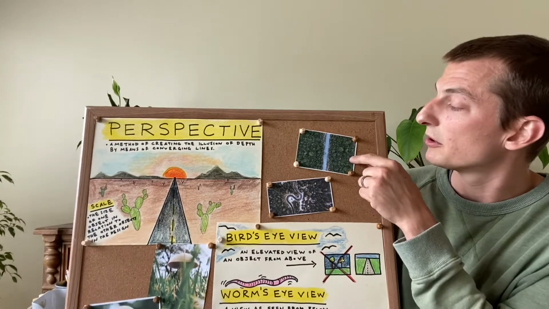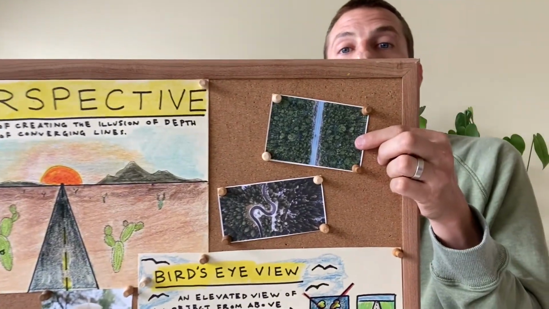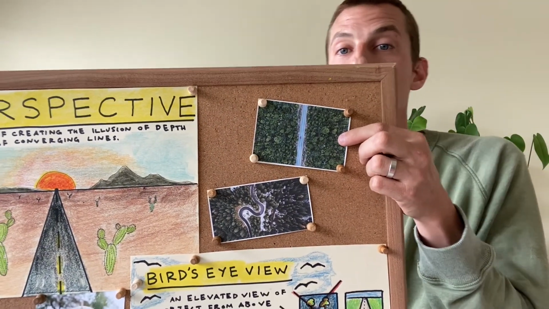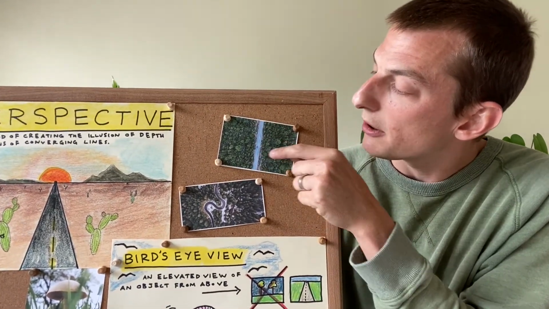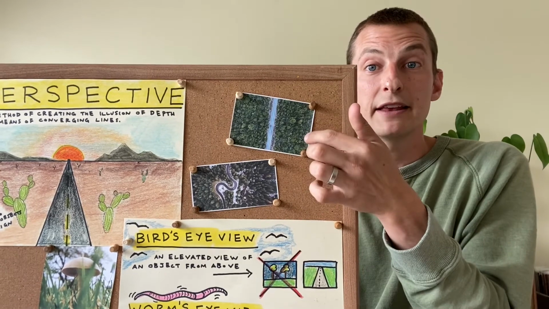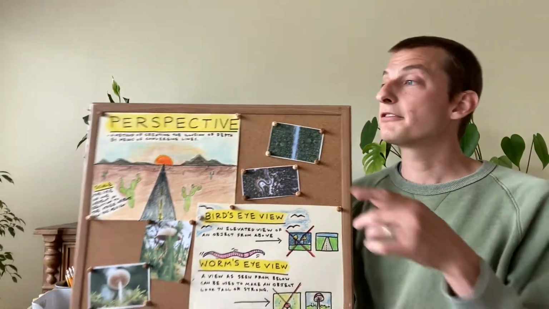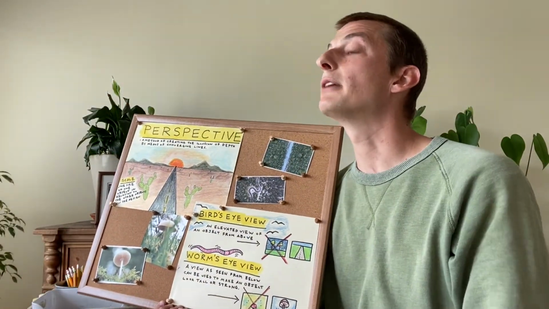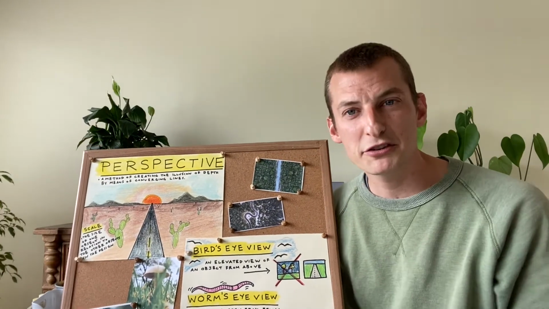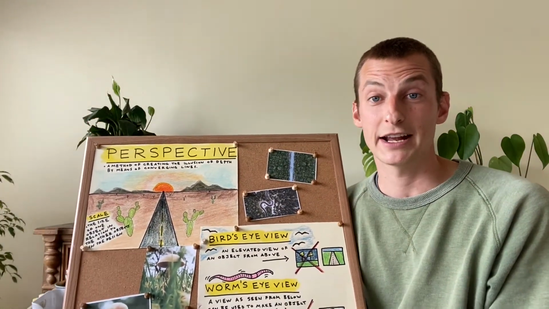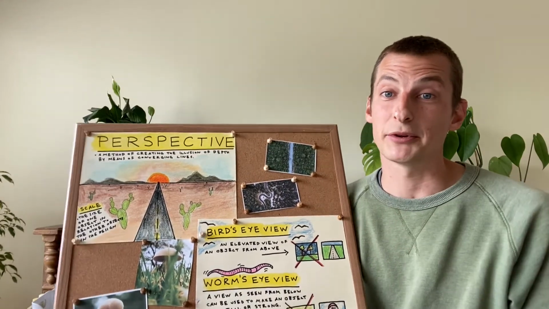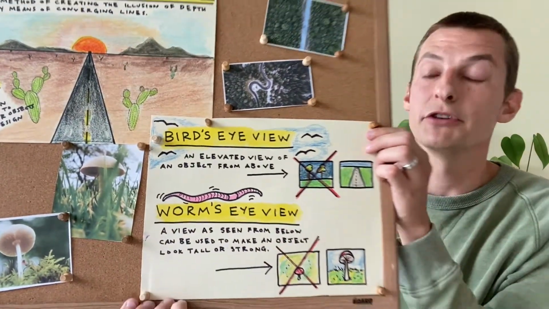So anytime you're above something looking down, like if you were a bird flying through a forest, looking down at a road, and there's a little car driving on that road as well, this is the way that you would see it. Or if you were staring out of your window down at your street. Or even if you're staring down at your shoes when you're standing up. Those are all different examples of bird's eye view.